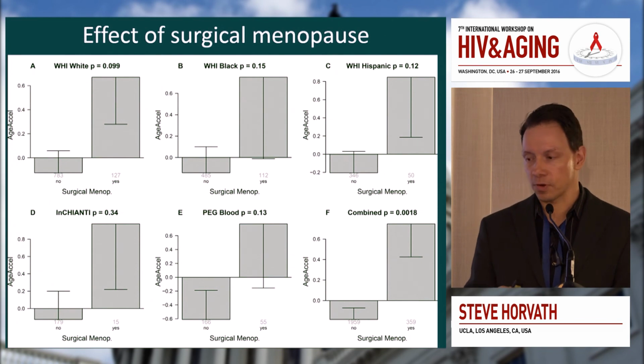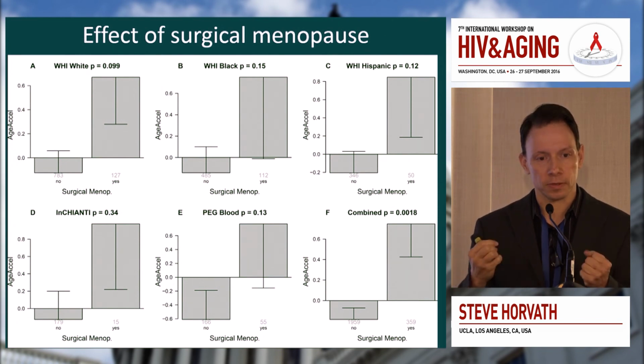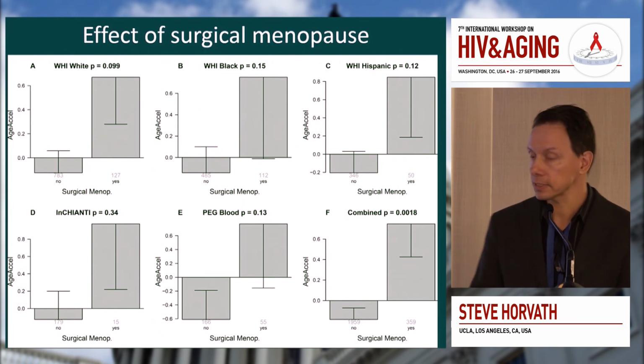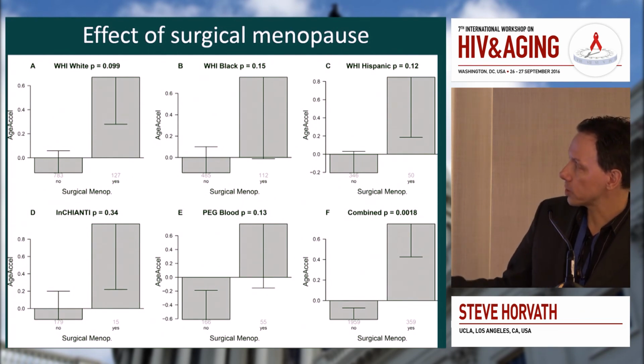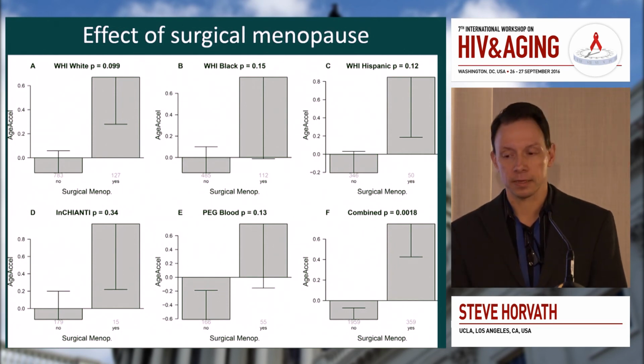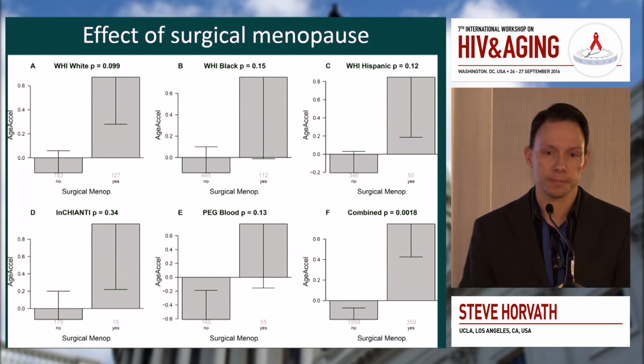So for various reasons, the ovaries were removed, and that induced, of course, menopause. And for these women, we also measured the age acceleration, and sure enough, surgical menopause increased age acceleration.